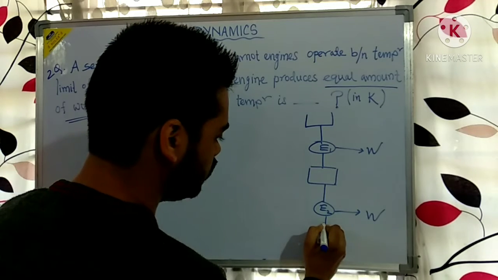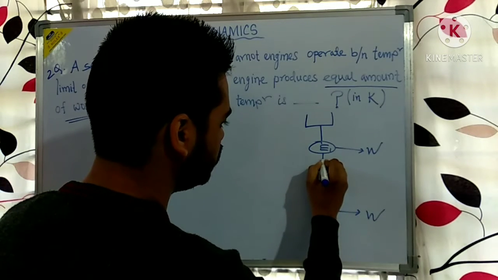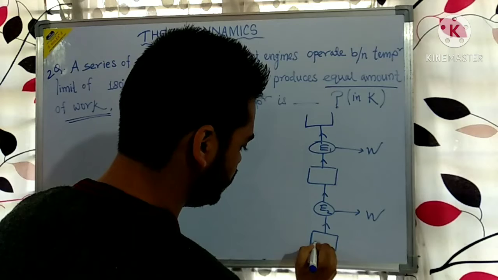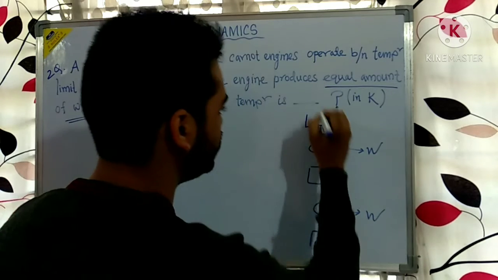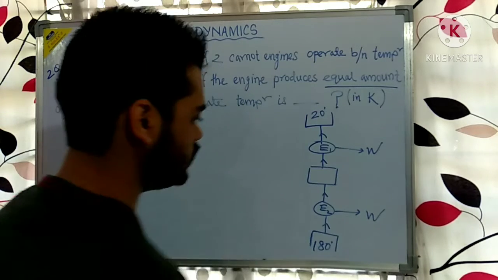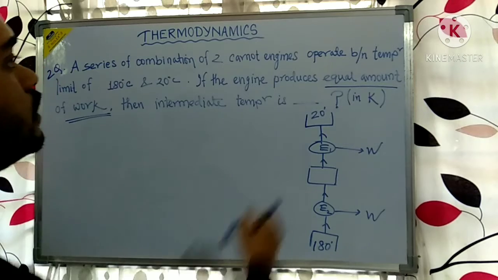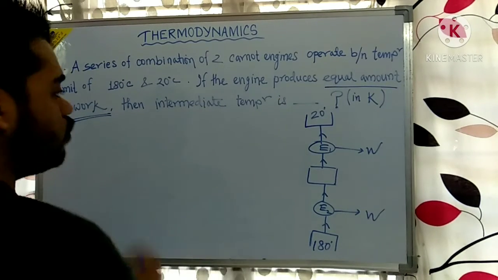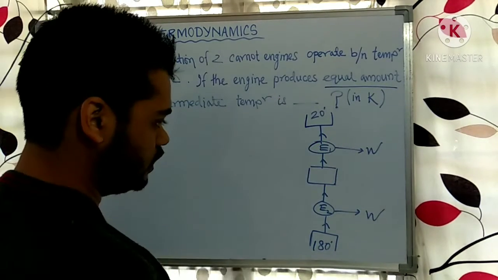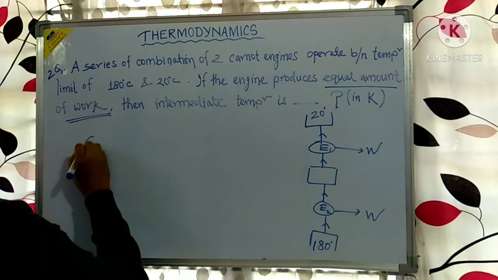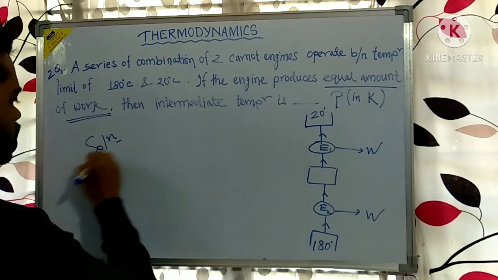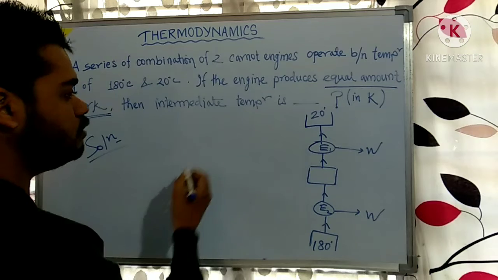So this is the flow diagram. Now see, equal amount of work is produced by the two engines. Okay, so the important point here is a shortcut. I am telling you the shortcut.